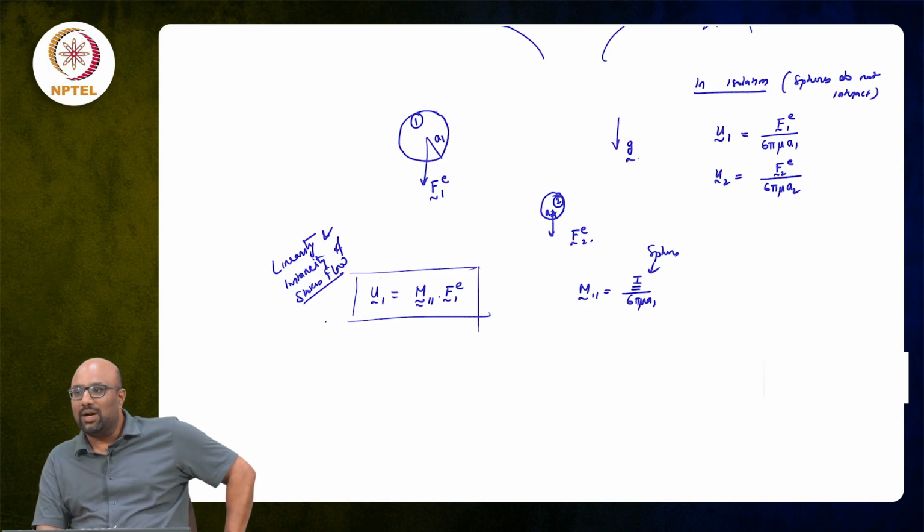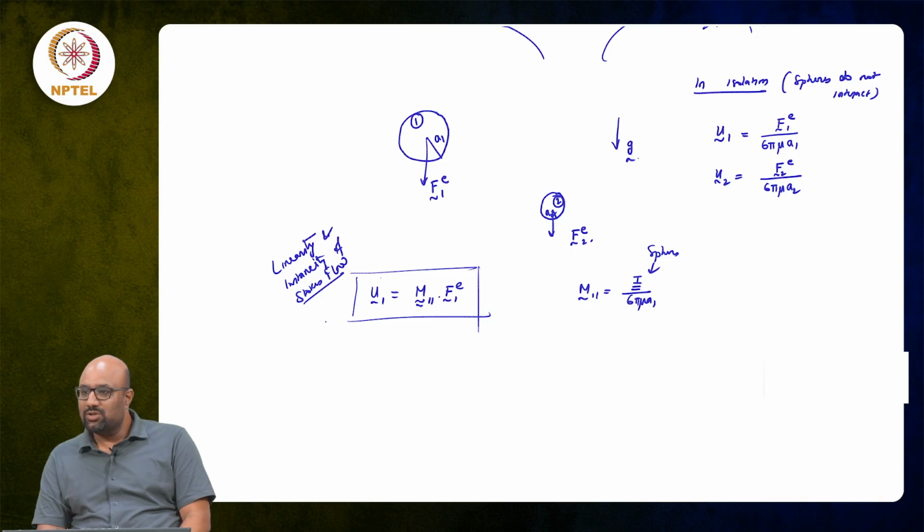Obviously, when we went to unsteady Stokes, you saw this broke down, because there you had a history term. But right now we are focusing on the steady Stokes equation, which means at a given point in time, the force acting on the particle depends on the velocity of the particle at that point in time. And so, the inverse statement is, the velocity of a particle at a given instant in time depends on whatever is the force that the particle is experiencing at that instant in time.